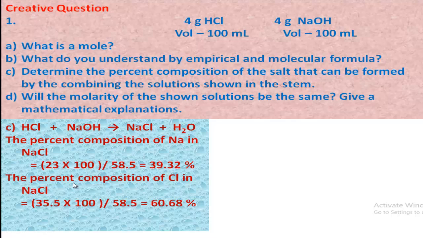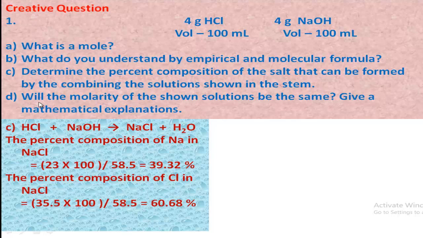Like this way you can easily determine the percent composition of sodium in sodium chloride and also the percent composition of chlorine in sodium chloride. The atomic mass of chlorine is 35.5 into 100 divided by the molecular mass of sodium chloride. So its percent composition is 60.68. Like this way you have to write the answer of C number creative questions.